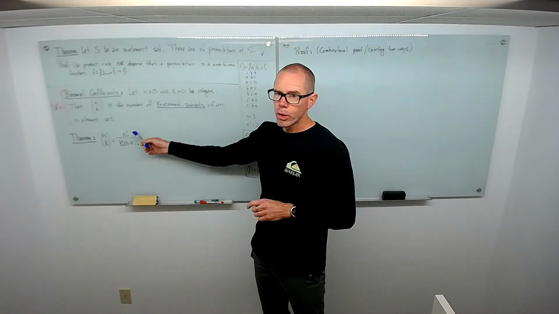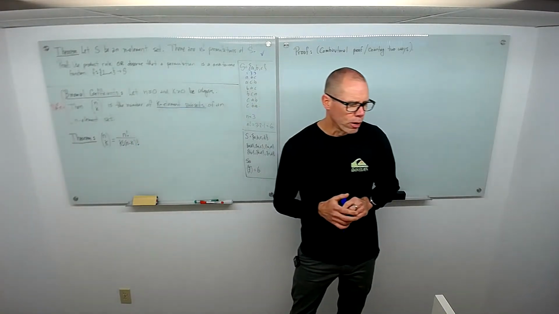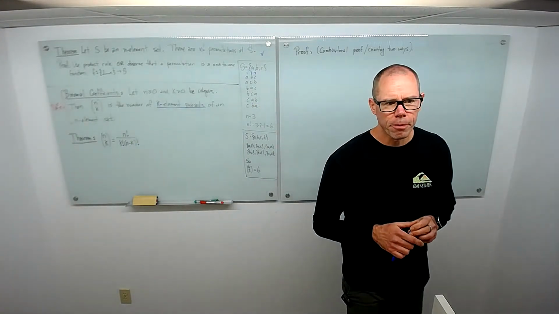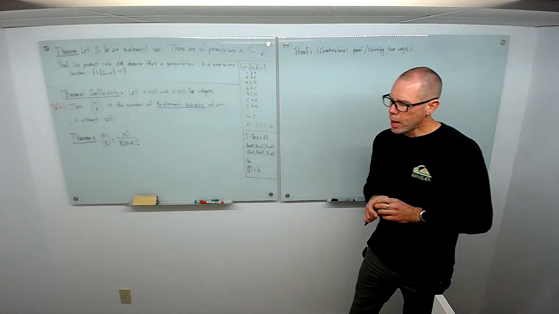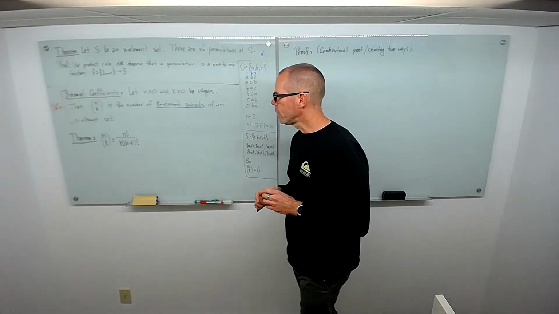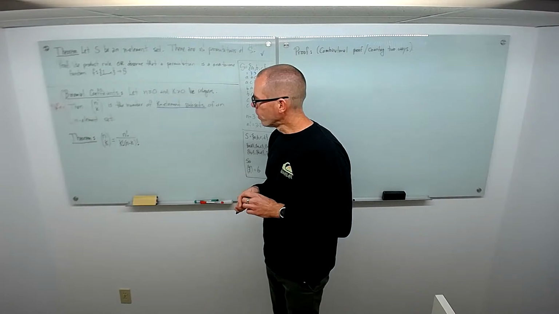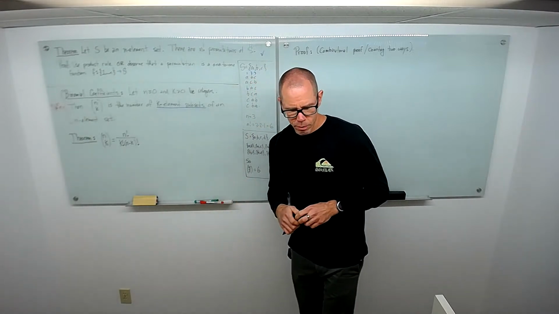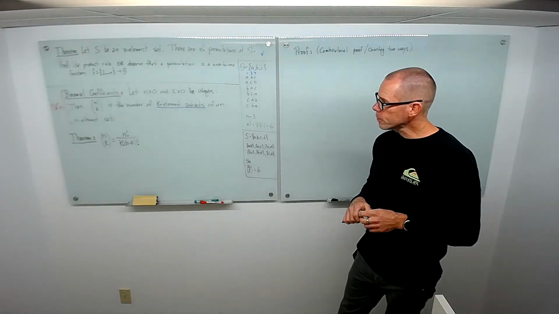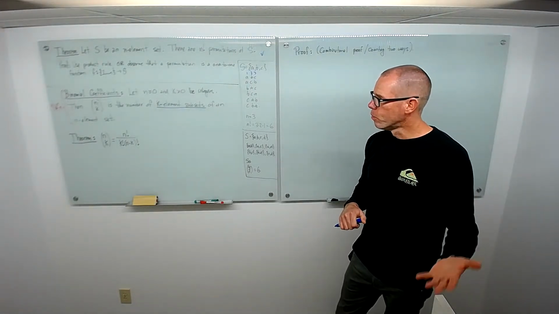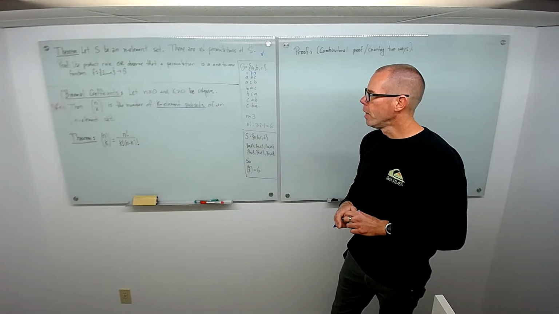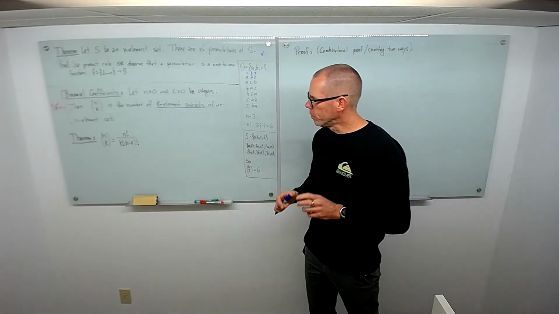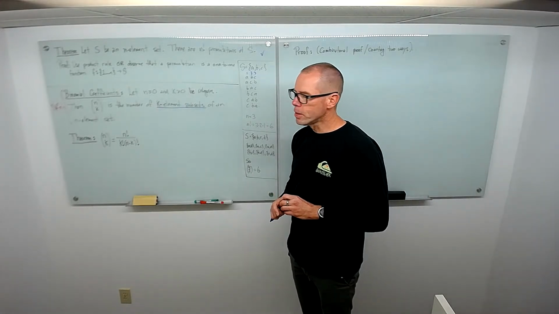This n factorial over n minus k factorial, we've seen that before. We saw that these ratios show up in one-to-one functions when you count one-to-one functions from one set to another. And we'll see that they come up in the same way here.